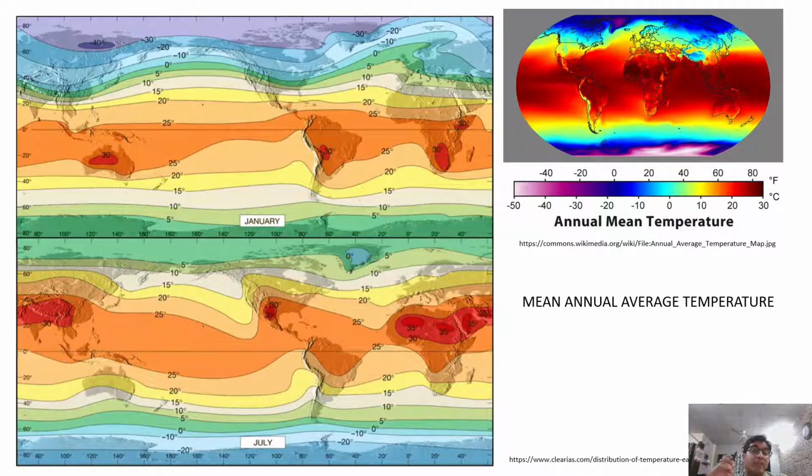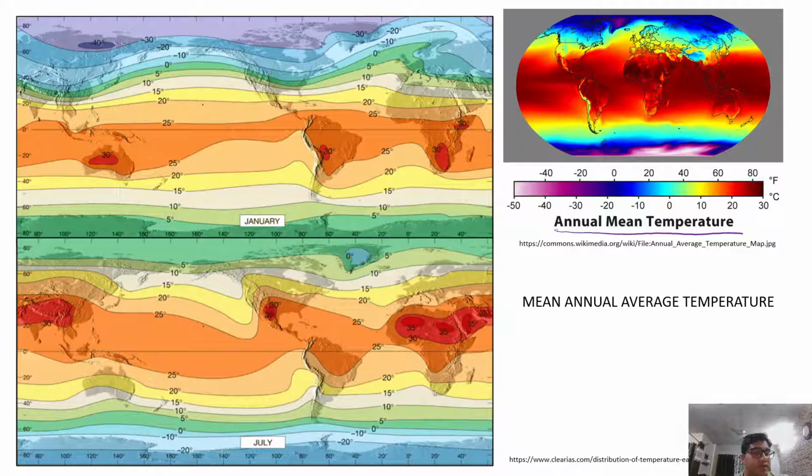This we all know. It means that the distribution of temperature in the northern hemisphere during July will be completely different than the southern hemisphere, and vice versa. So whenever we have to give the annual mean temperature, it is done on the basis of the temperature distribution during these 2 months in the northern and southern hemispheres.